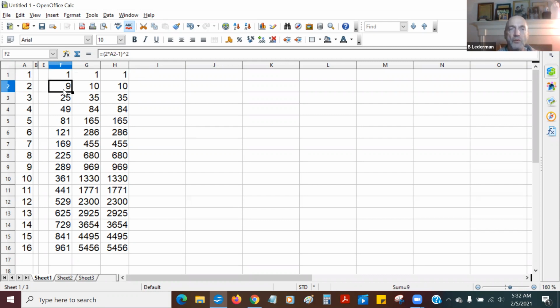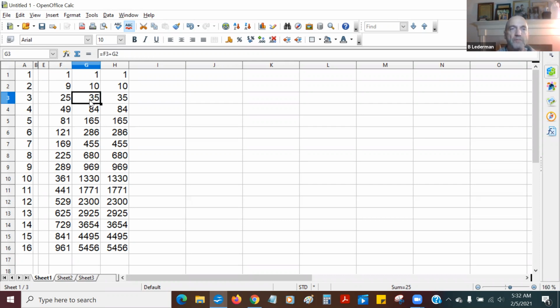And here we have 2 times A2 minus 1, squared. Now 2 times 2 minus 1 is 3, so this is 3 squared. This is 2 times 3 minus 1, which is 5, and then squared, which is why I get 25. So here I have all of the odd squares: 1, 9, 25, 49, 81, 121, and so on and so forth. See how cool that is?